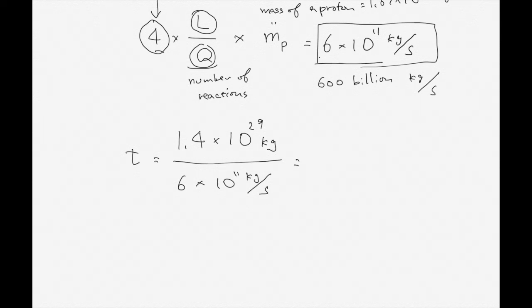The kilograms cancel out, so this is 2.3 times 10 to the 17 seconds. You can convert from seconds to years, and you find 7 billion years. The sun can shine for 7 billion years.